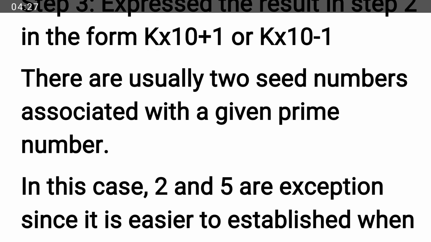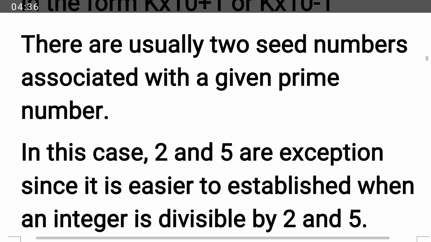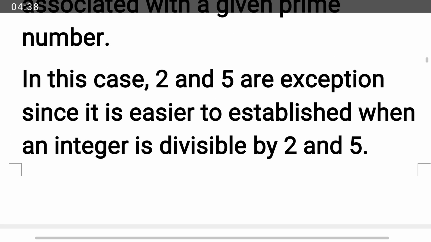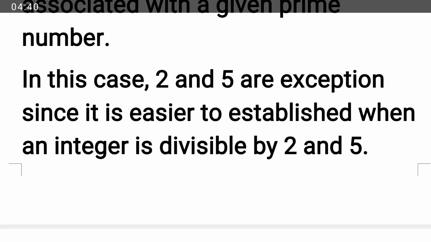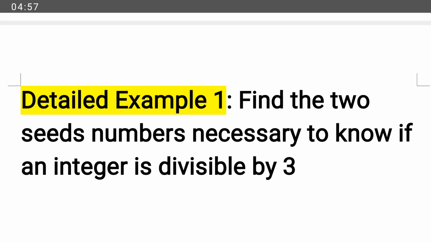You should also know that there are usually two seed numbers associated with a given number. In this case, we are not going to look at 2 and 5. 2 and 5 are exceptions, because it is already very easy to tell if a number is divisible by 2 and 5.